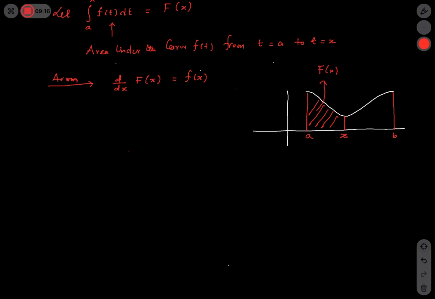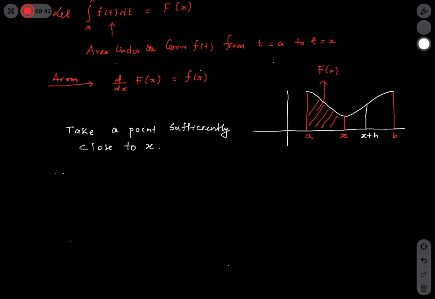Now what you do actually, take a point sufficiently close to x. Let this point be x plus h. So take a point sufficiently close to x.